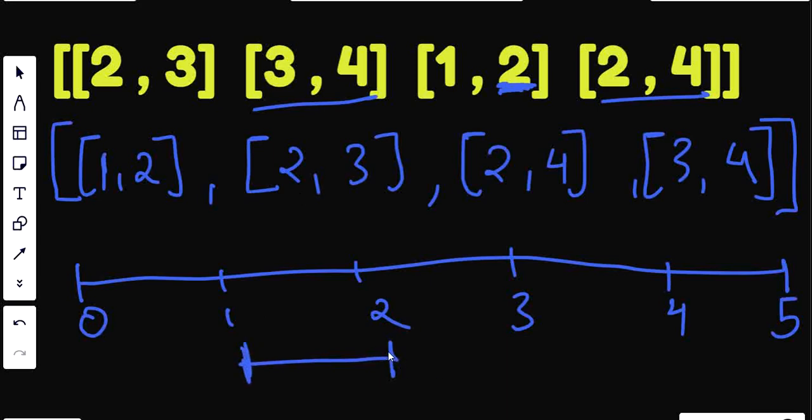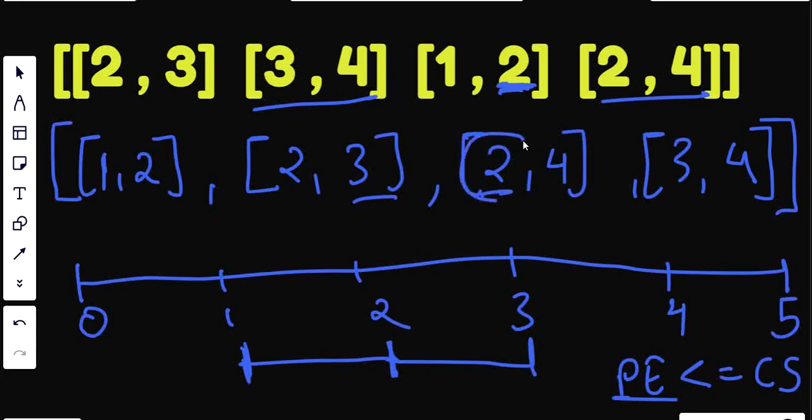Then 2 and 3, which is also blocked and is not overlapping. Then comes 2 and 4. If I check the previous condition, that is PE should be less than or equal to CS, that is the previous ending should be less than or equal to the current start, I can see that this is not true.